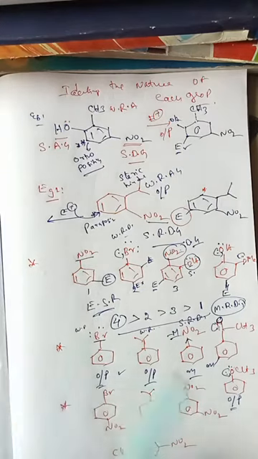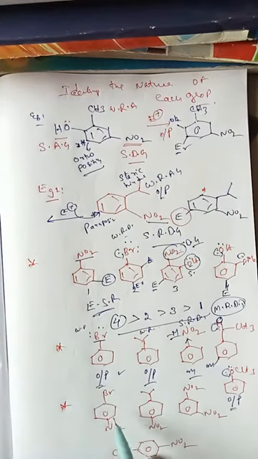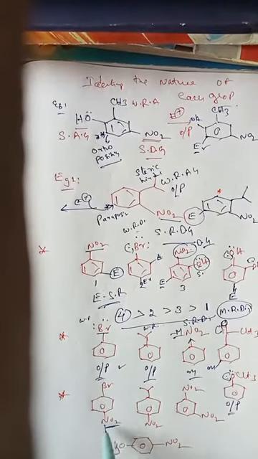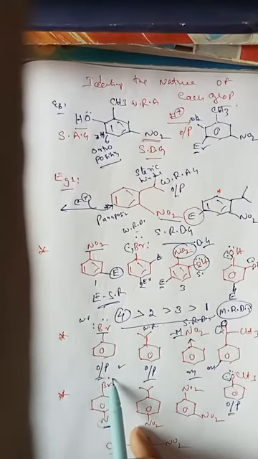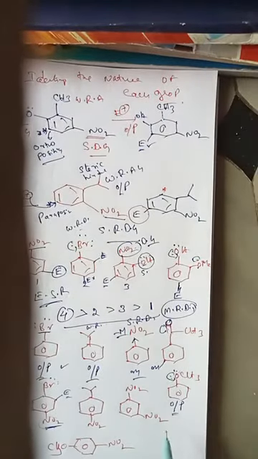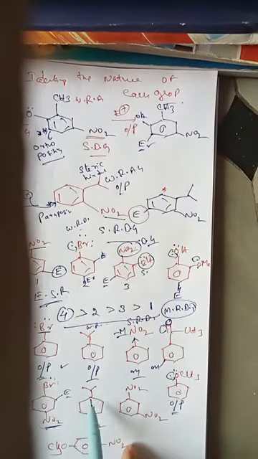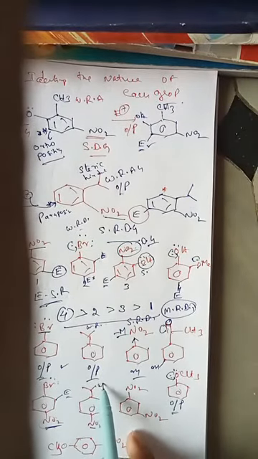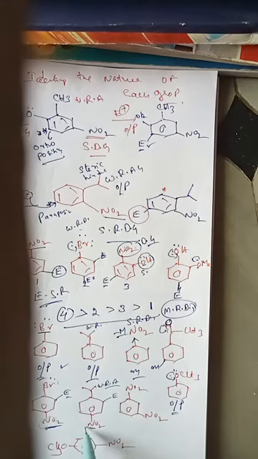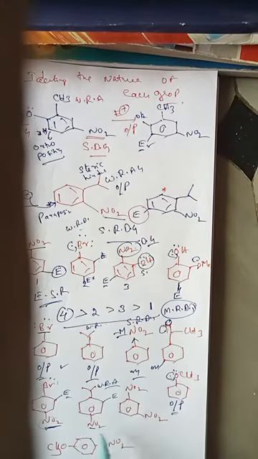In all these examples, look carefully: one is an electron withdrawing group and strong deactivating group, and the other a weak activating group. So the electrophile goes to the ortho position here, and here also the nitro is there and isopropyl, a weak ring activating group, so the electrophile goes to the ortho position, because the para position is already occupied by the nitro group.